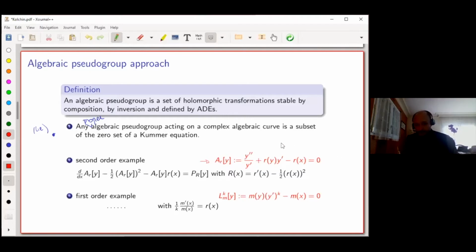You can verify that this is stable by composition when composition is well defined, and that it is a sub pseudogroup of the one defined by Kummer. It is due to this big equality here, saying that if you are a solution of A, then you are a solution of P, and the relation of the small r and the big R is given by this Riccati equation.